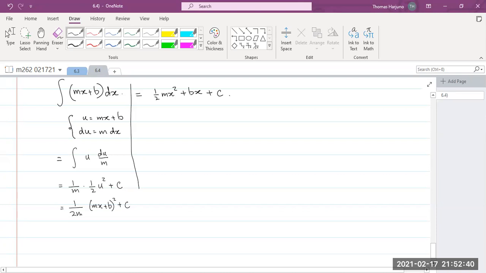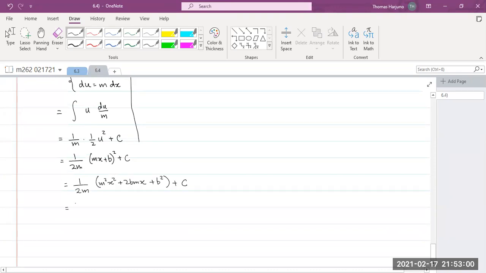But Thomas, they look very different. Hold on, slow down. This is 1 over 2m. Let me FOIL this: m squared x squared plus 2bmx plus b squared, plus constant. If I distribute 1 over m, I will get 1/2 mx squared plus bx plus b squared over 2m plus c.